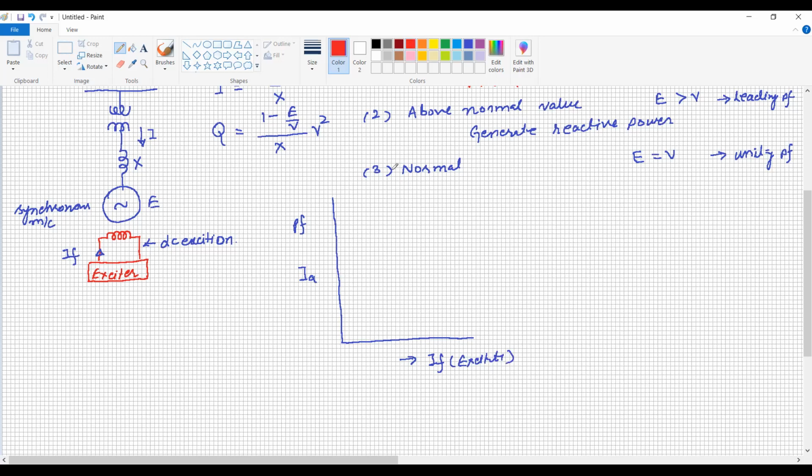We found that the curve is like a V curve. So this part is a normal excitation. Here it is a normal excitation, whereas this is the over excitation, and this is under excitation.